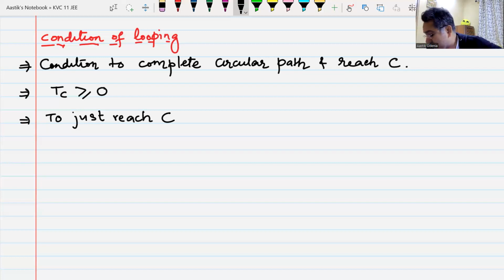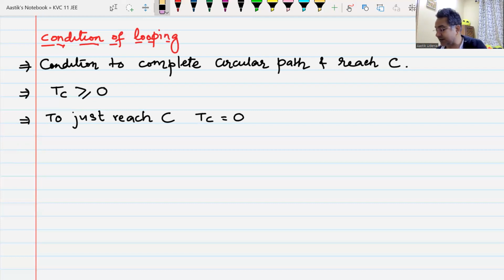That's my job. To just reach point C, then tension at point C would be 0. So I will just reach point C and just complete the loop. So to just reach point C, the tension at point C should be equal to 0.